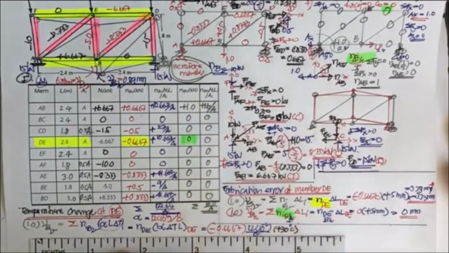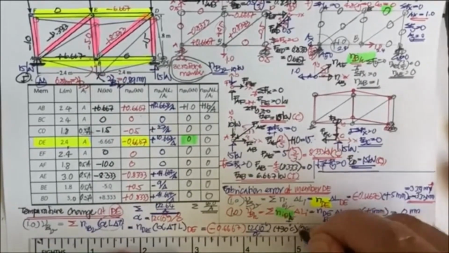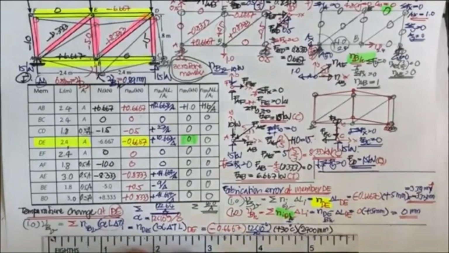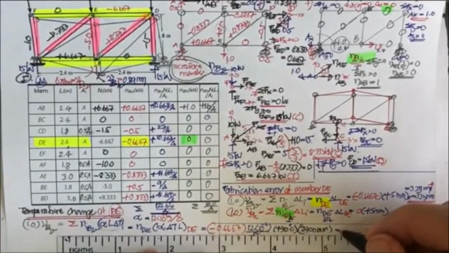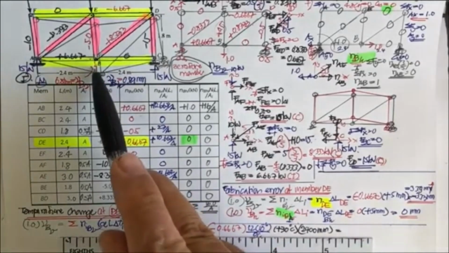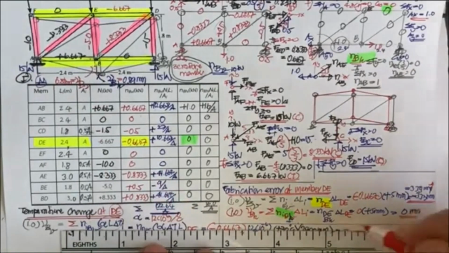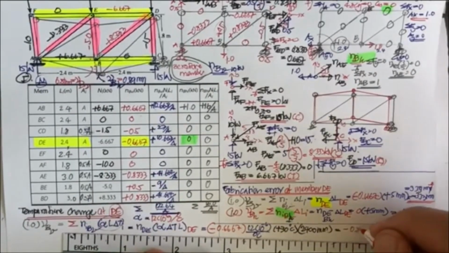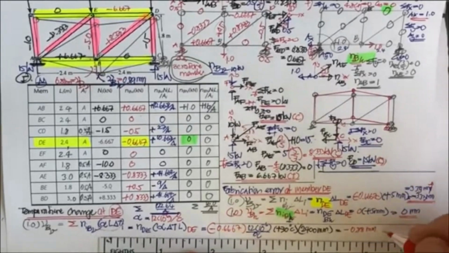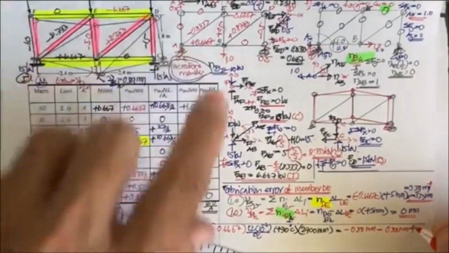And the length of this member is 2.4, so that is going to be 2,400 millimeter. Now, you will get the vertical displacement at B due to the temperature change of minus 0.88 millimeter. It's going to be 0.88 millimeter is minus. This is downward. It's going to be upward.